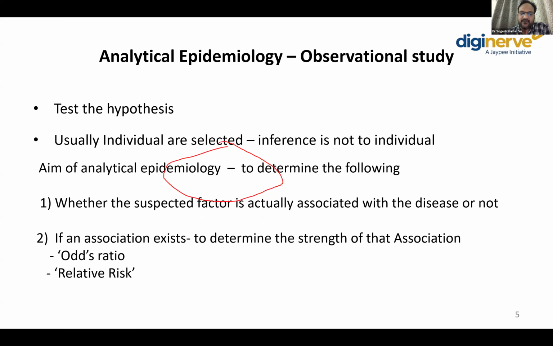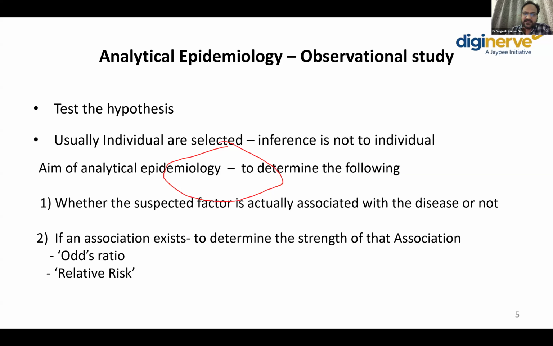Suppose we are doing a case control or a cohort study, we will select the individuals, suppose 50 or 100 or 200. But the result is not for those individuals. We will apply that result to the general population. This is how research works. Okay. We cannot do research on the whole population. We just do research on some sample, some part of the population only.